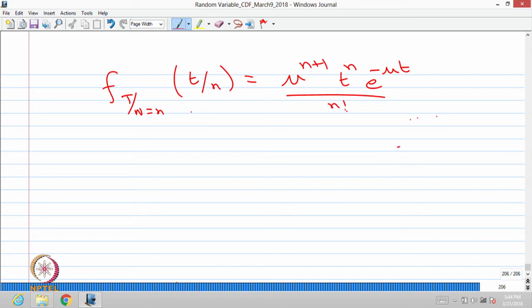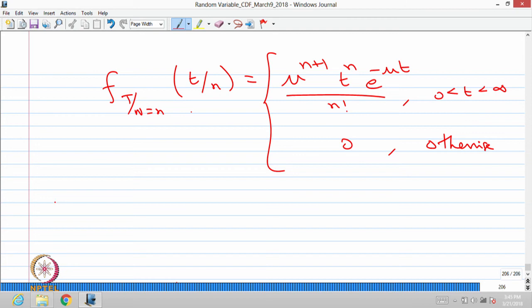It is gamma of n plus 1, therefore it is n factorial. This is valid when t lies between 0 and infinity, 0 otherwise. This is basically a gamma distribution with the parameters n plus 1 comma mu.